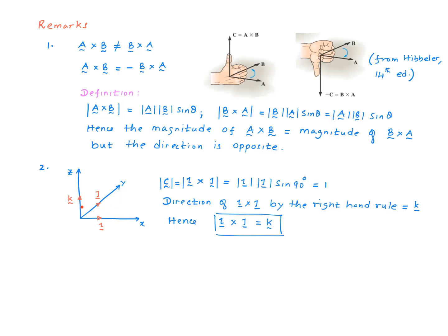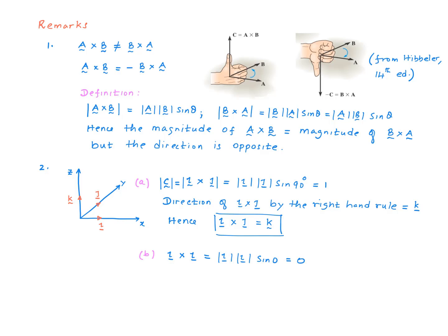Now the thumb is going to be in the direction of the z-axis, right? So what is the unit vector along the z-axis? Little k, right? And therefore, the vector representing i cross j is the magnitude, which is 1, multiplied by the unit vector in that direction, which is k, or simply k. So in other words, i cross j equals k.